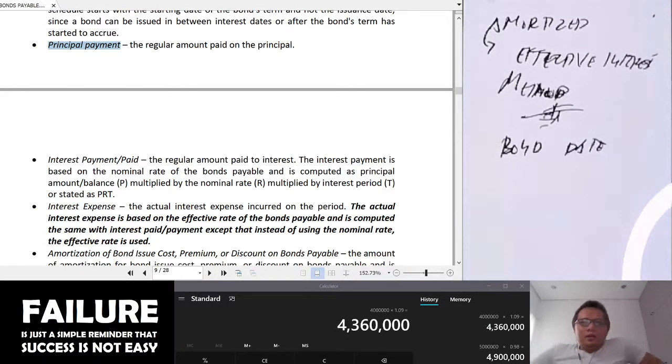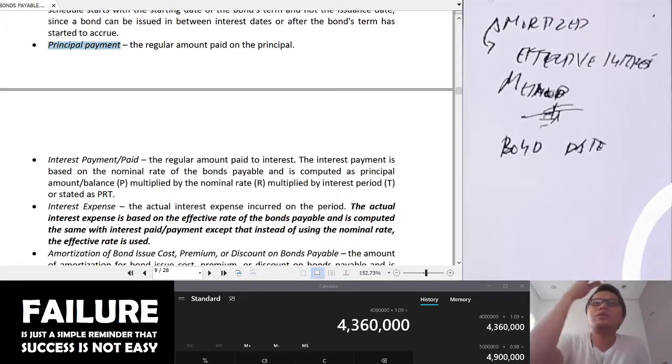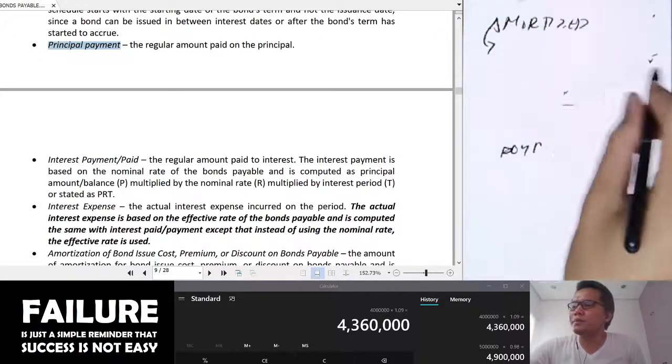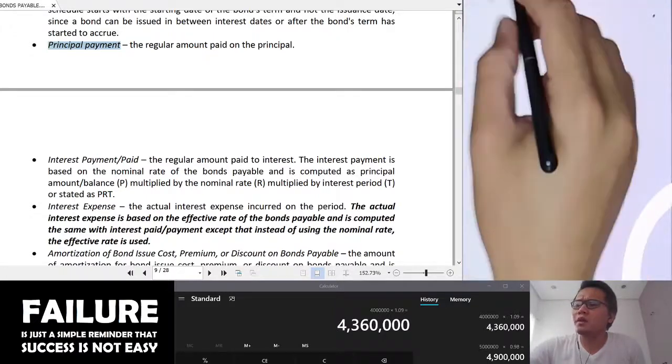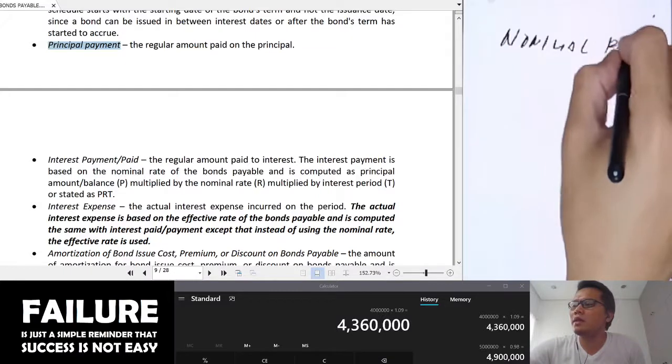Interest payment is the column where makikita natin kung magkano yung interest na babayaran or nabayaran na, which is basically based on your nominal rate or stated rate.